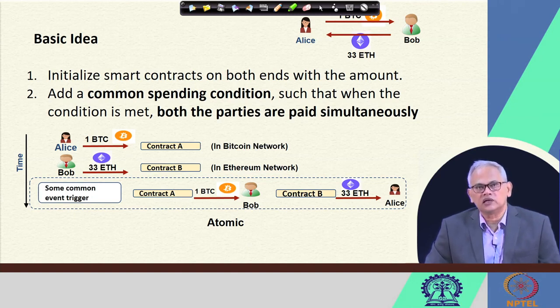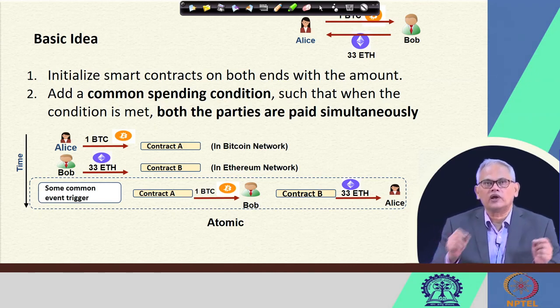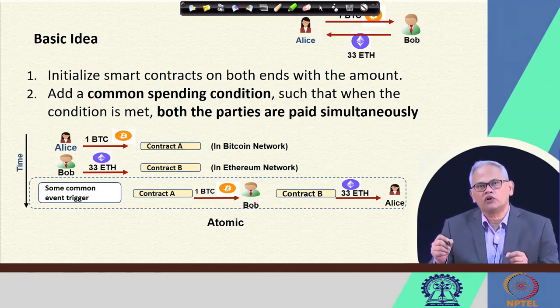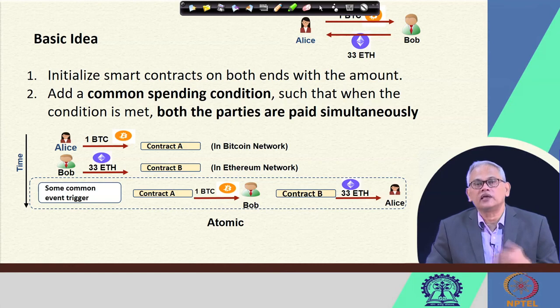In this example, we are taking a situation where Alice would be transferring 1 Bitcoin to Bob and Bob would be transferring 33 ethers to Alice. Let us assume for the time being that Bob is the exchanger that we talked about in the previous slides.